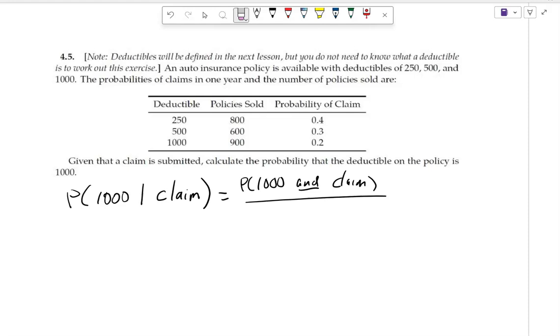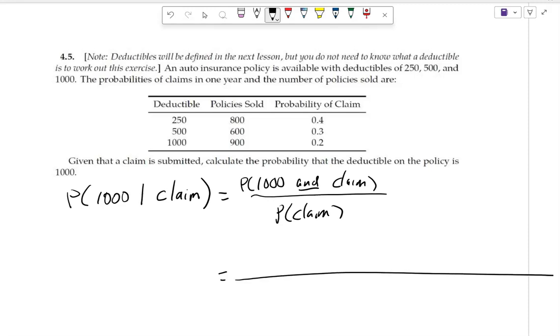Writing the top as the reverse conditional, what would the top look like? Okay, good. That's flipping it around. And we know this one. It's not explicitly given to us, but this one's not too hard to compute.